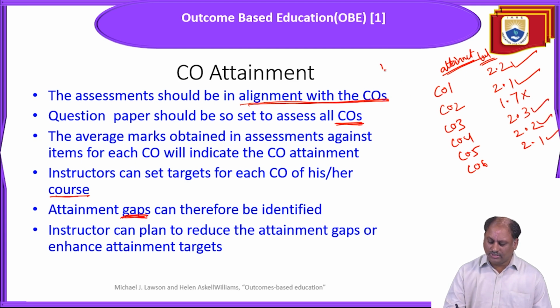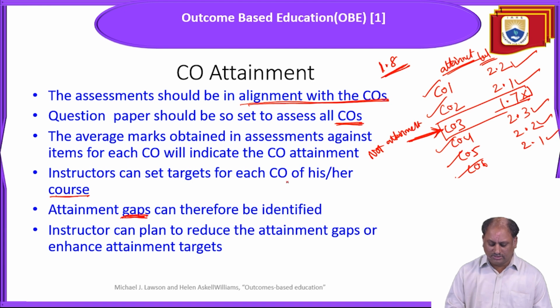Because we kept the target attainment level as 1.8. CO1 and 2 reached it, and 4, 5, 6 also reached it, but for this course, CO3 is not attained. So the target was 1.8, and for this course the gap is identified.